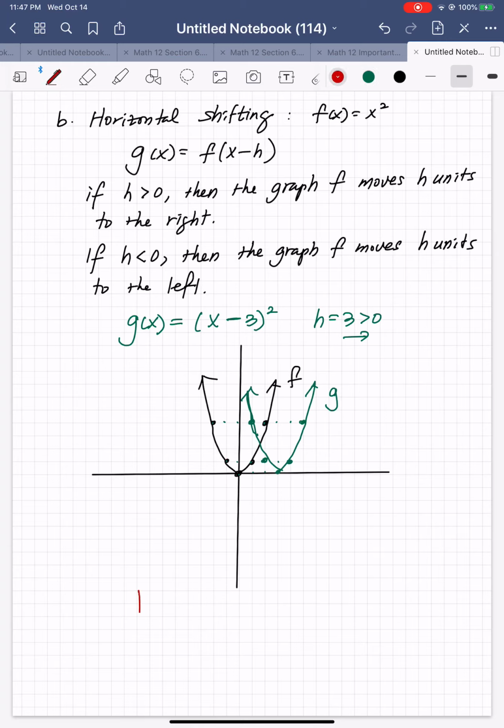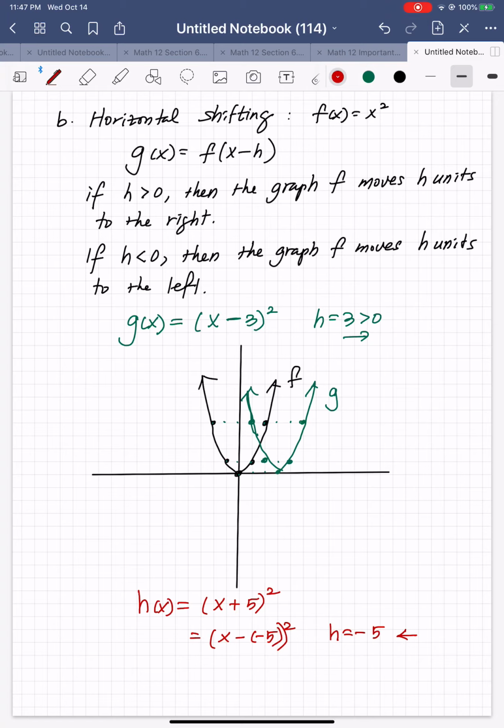Now, for the h function, I want to say x plus 5 squared, which is the same as x minus negative 5 squared, which means h is negative 5. That's why you need to move to the left.